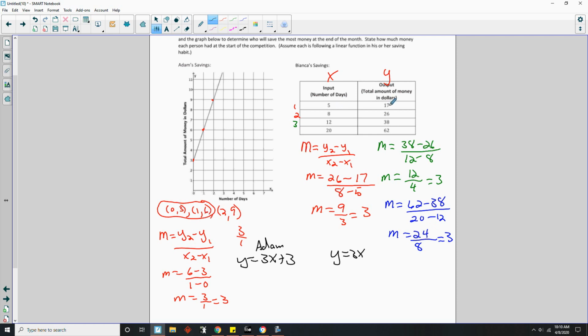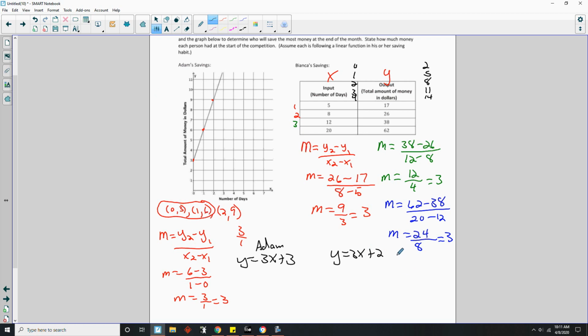Okay, so if she has $17 on day 5, she would have $14 on day 4, and subtract 3 is 11 on day 3, subtract 3 is 8 on day 2, and subtract 3 is 5 on day 1, and subtract 3, and that is 2 on day 0. So this will be plus 2.